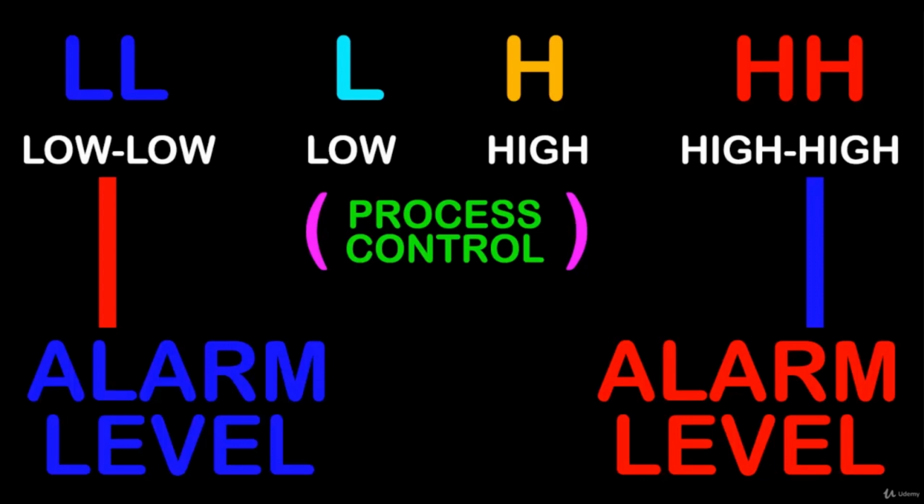Sometimes you don't even need a low level. Sometimes if our temperature falls below a certain point, we just wait until it comes back up and there's no need for an alarm. Sometimes a high isn't even that important. Perhaps we have a water tank out in the middle of nowhere and the water tank has an overflow.